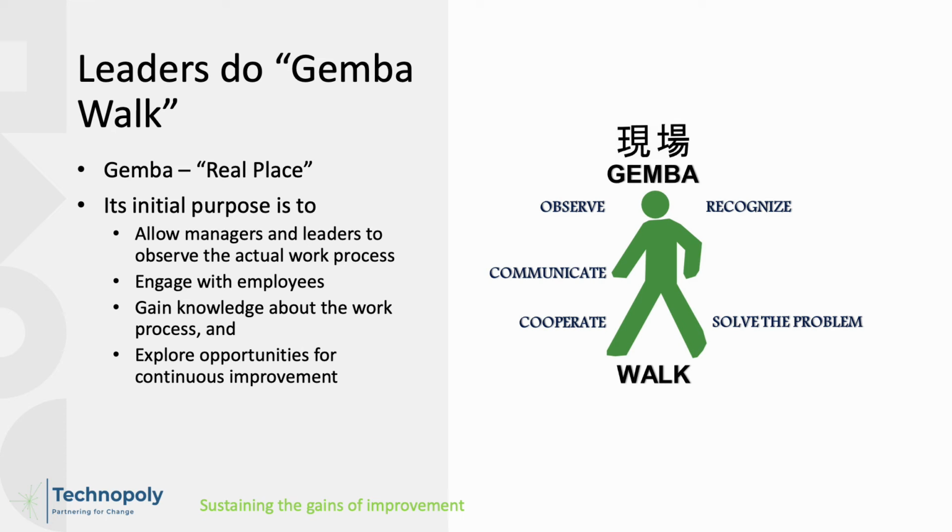Gemba walks are very valuable for leaders so that they can have the insight to see what is really happening, engage the people who are there, gain better knowledge than in the office, and see opportunities for improvement.